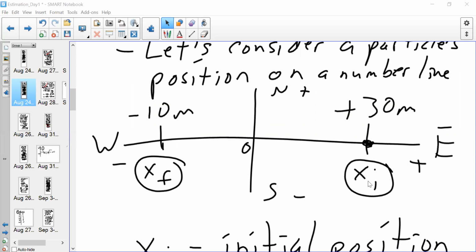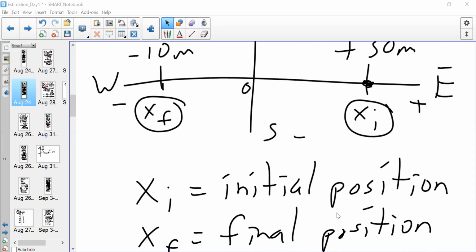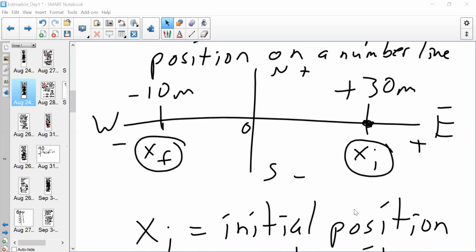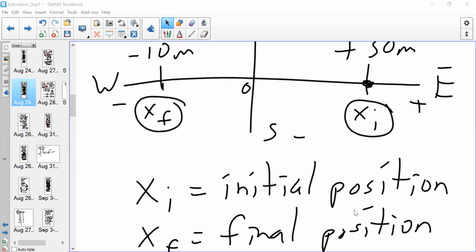So what are xi and xf? Glad you asked that. xi means the initial position. Say, for example, I want to start at 30 meters to the east. I'm trying to see if I can fit that in somehow here. Any questions so far?